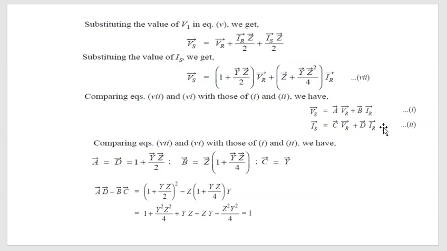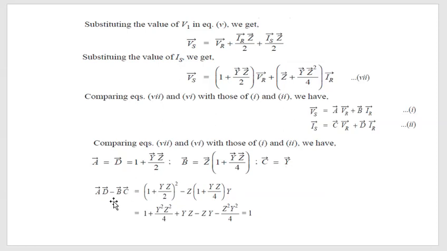And after comparison we see that the value of A and D is 1 plus YZ over 2, the value of B is Z into 1 plus YZ over 4, and the value of C is Y.